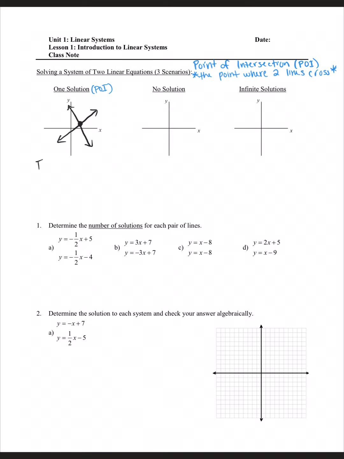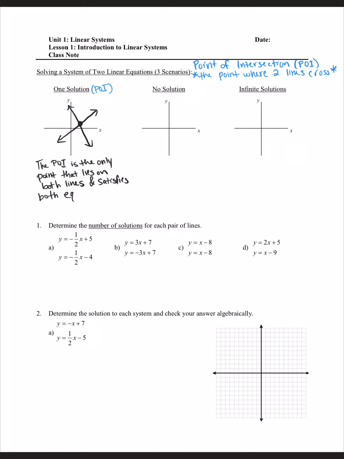So we can say that the POI is the only point that lies on both lines and satisfies both equations.